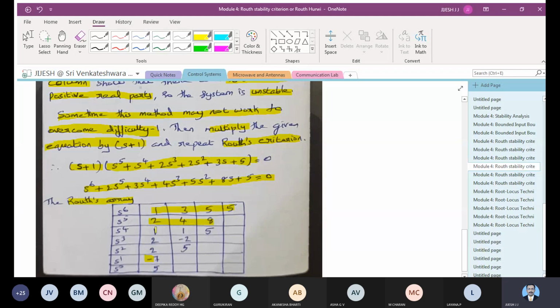So you have to use the method and find out all these coefficients here, and you have to check whether any negative sign appears here. So here this is a change of sign, from positive to negative and then again negative to positive. So you can all see a change in the sign, from plus to minus and minus to plus.